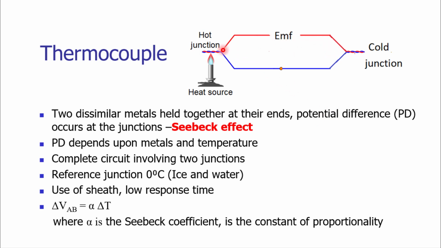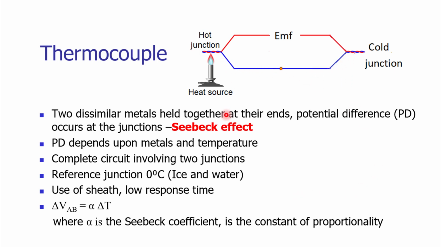But due to the movement of the electrons, there will be creation of valency at the hot junction. To balance it out, the electrons from the cold junction will move towards the hot junction. However, the energy at the cold junction is comparatively less, therefore the speed of electrons would be less.